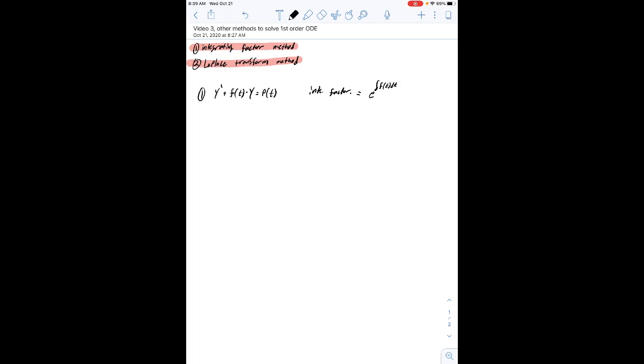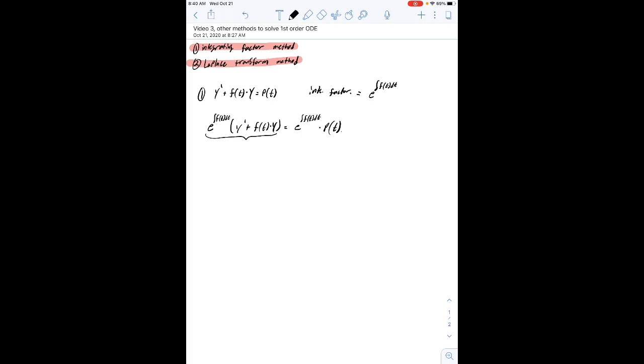So if we do this, we multiply this on both sides, e to the integral of f of t dt times the group y prime plus f of t times y equals e to the integral times p of t. Okay, and why we do this is because it allows us to really easily simplify this.